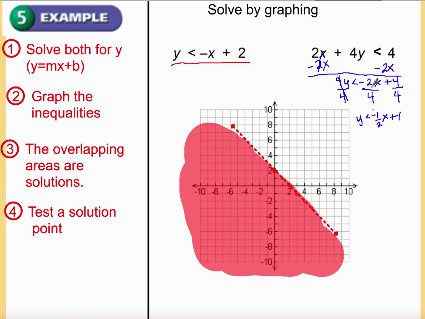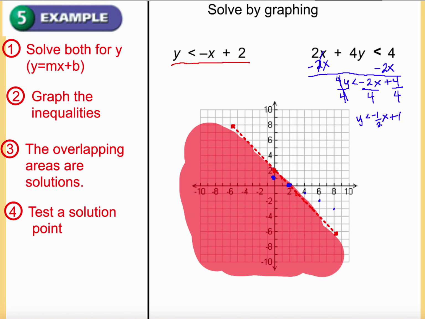So now let's go ahead and graph this blue line. Here my y-intercept is positive 1. Oh, look at you, little positive 1. And our slope is negative 1/2, so I'm going to go down 1 over 2, down 1 over 2, and I could keep doing this.